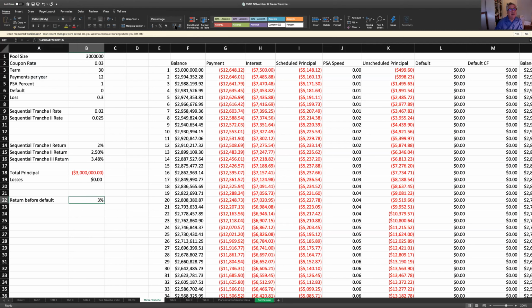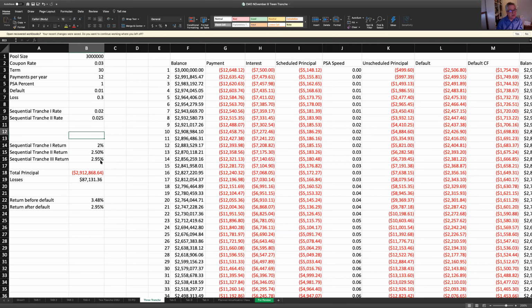And there we go. Okay, return after default is going to be equal to this guy once we put the default in, and so that's 0.01. So that's that 295.